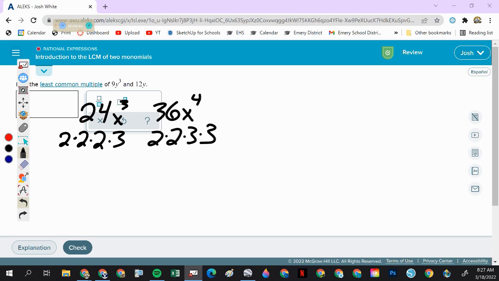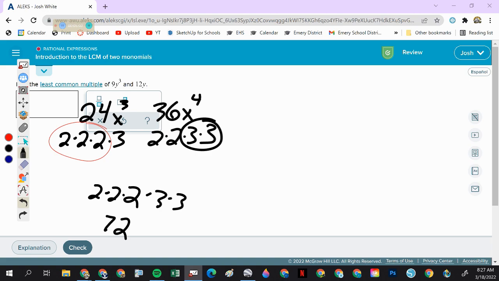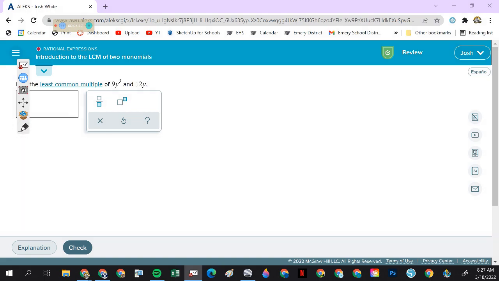How many 2's need to be in my answer? The biggest set would be a triplet. How many 3's need to be in my answer? So that's 8 times 9 is 72, and then x to the fourth. Can you guys remember that? All right.